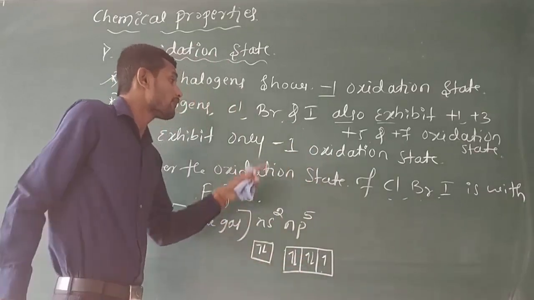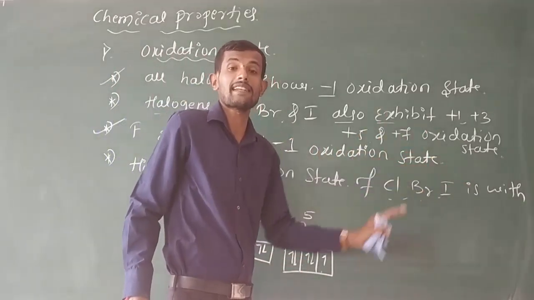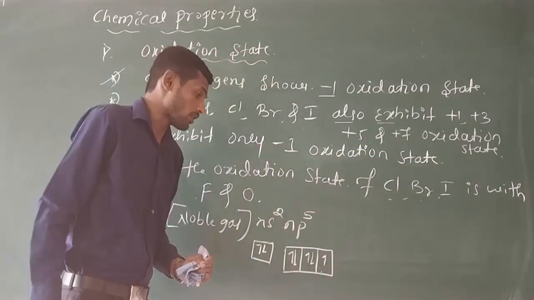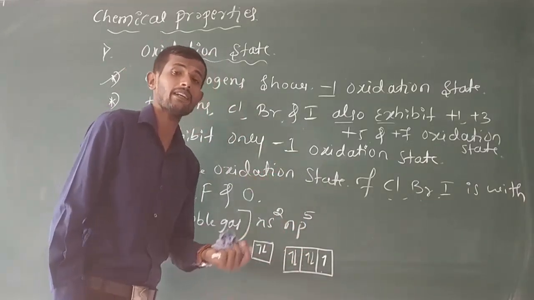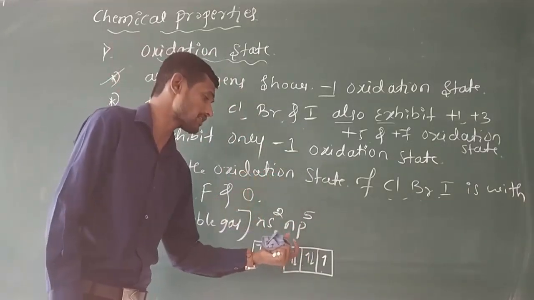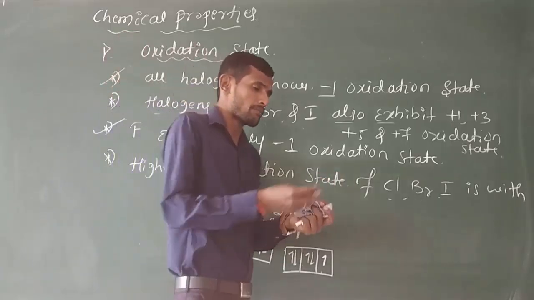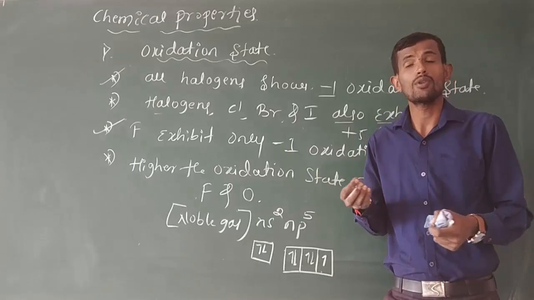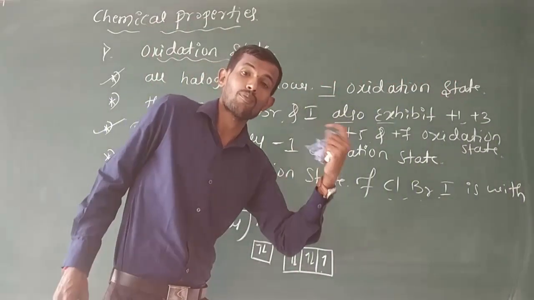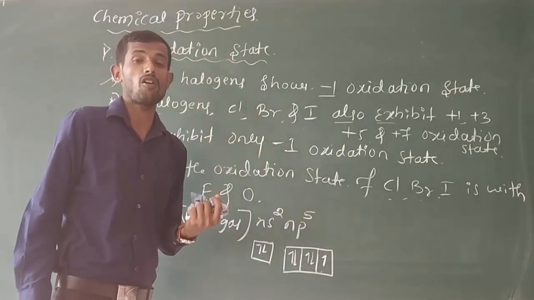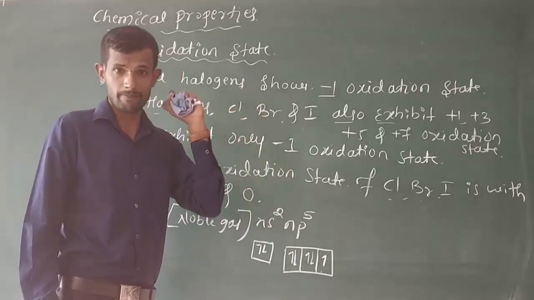Remember why fluorine shows -1 oxidation state? Because it accepts, or requires, one electron to get its octet electronic configuration. And in some textbooks you observe the reasons: no vacant d orbitals, small size, or high electronegativity.